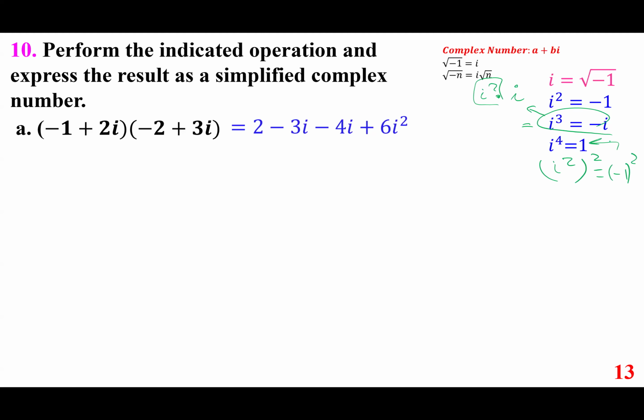And so we are going to replace 6i squared with -6.